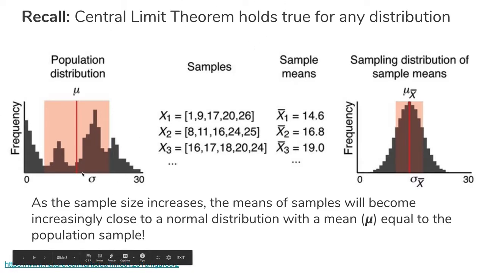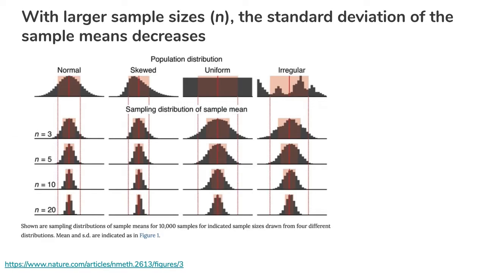If you take samples and compute the mean of those samples, the means of those samples will be centered at the true population mean. And the corollary to this is that if the sample size increases, say from sample size 3, 5, 10, and 20, the mean of the sample means is roughly the same.